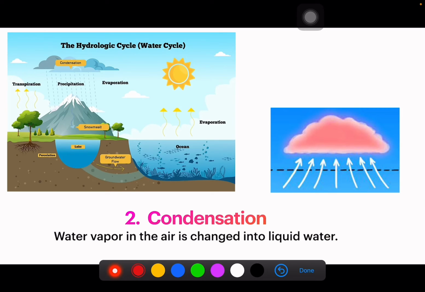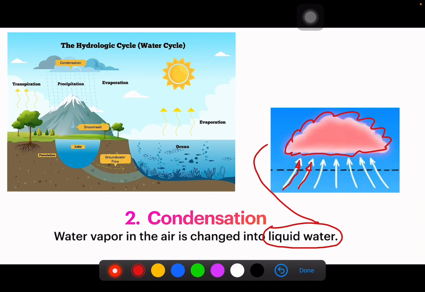So from the vapor or gas, a cloud will be formed, and in the cloud it will change from water vapor to liquid water. So a cloud is basically liquid water, and this is number 2, or the second process in the water cycle. Everybody say condensation.